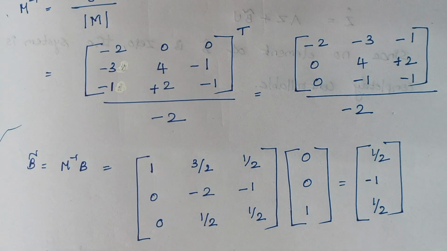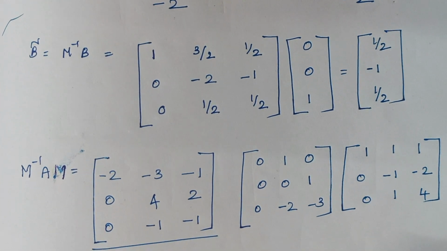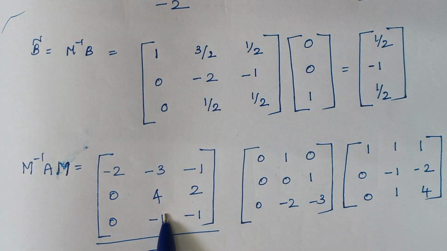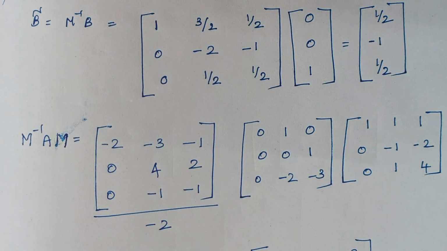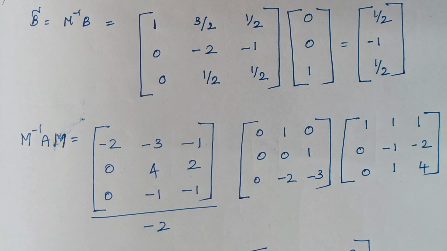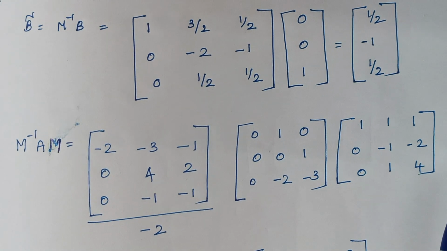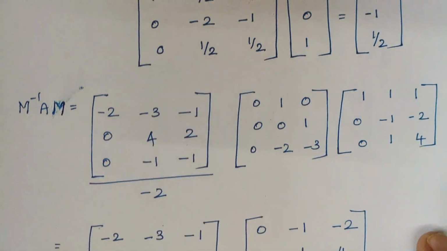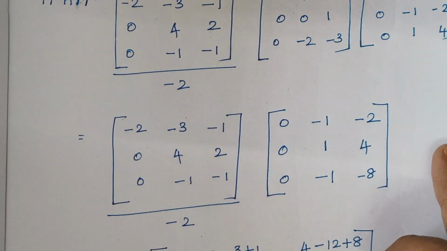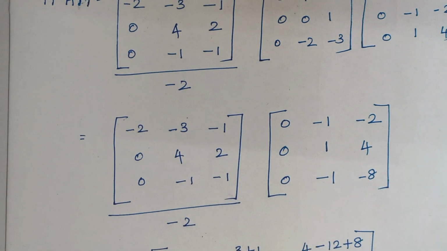And the next step is we are going to calculate M inverse A M. So this is your M inverse, this is your A and this is your M. First multiply these two matrices, and here we end up with the answer like this. The next step is we are going to multiply these two matrices.